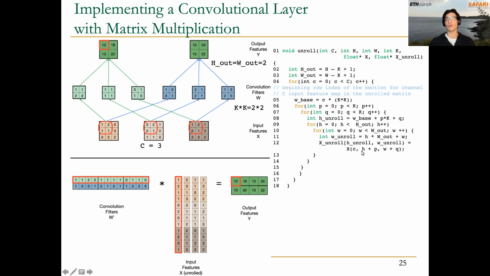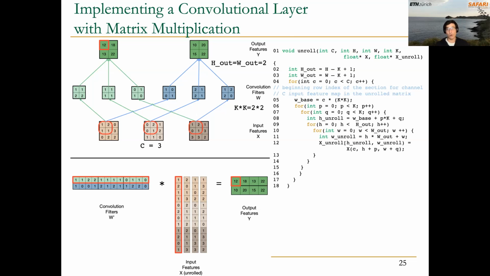So this X unroll, for these indices H unroll and W unroll, is obtained by accessing the corresponding element of the original matrix X or tensor X that contains the non-unrolled input feature maps. So this is the way of unrolling a convolutional layer into a matrix multiplication.